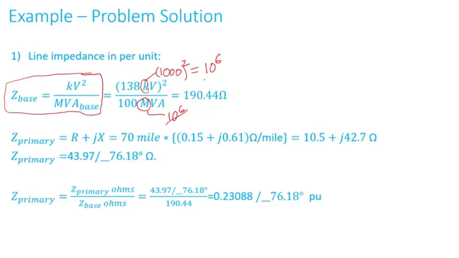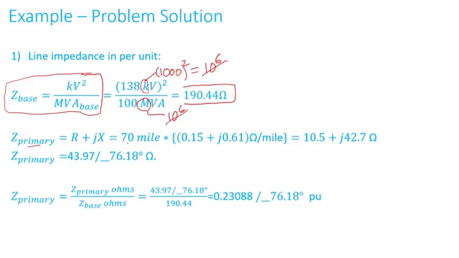So basically they cancel out. So it's important to watch out for the units. If you carry out the calculation, the base impedance is 190.44 ohms.